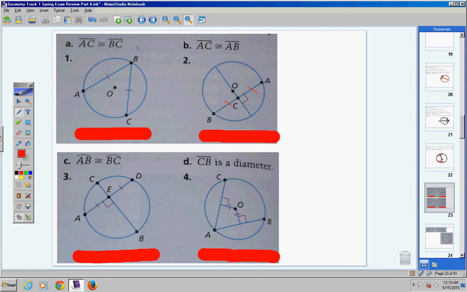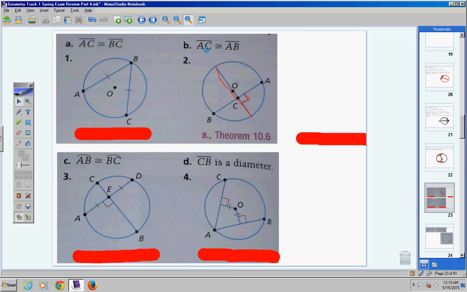Most definitely, because we have a diameter, and it's perpendicular to a chord. Anytime a diameter is perpendicular to a chord, it cuts that chord right in half. So for number 2, it would be letter A. I don't know the exact theorem number, but it's the one that says that if a diameter is perpendicular to a chord, it will cut the chord in half.